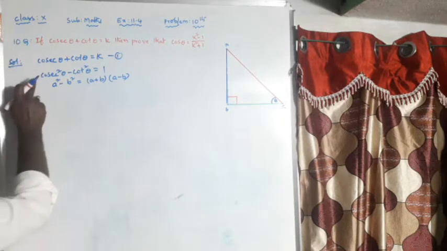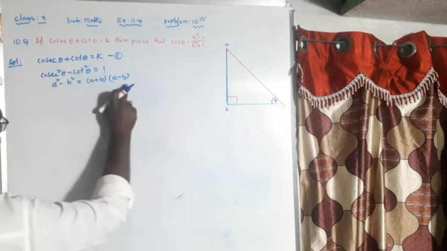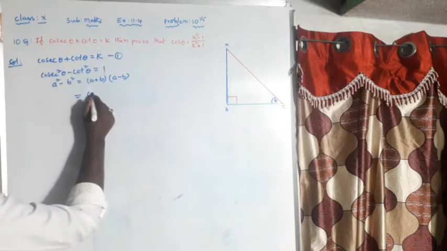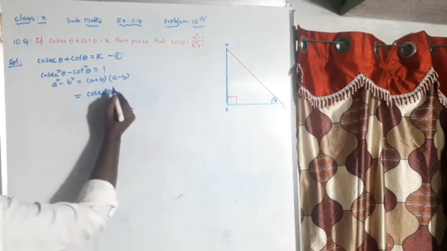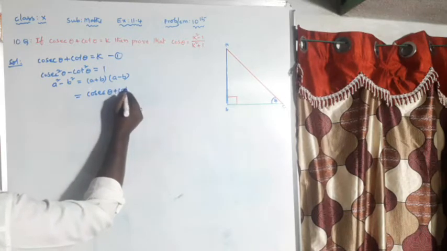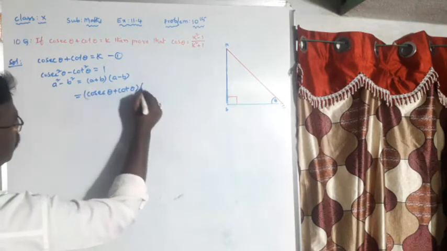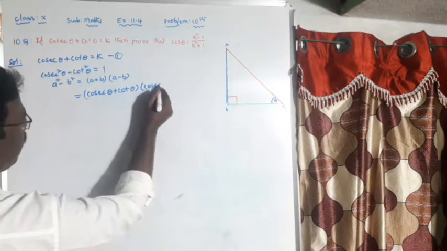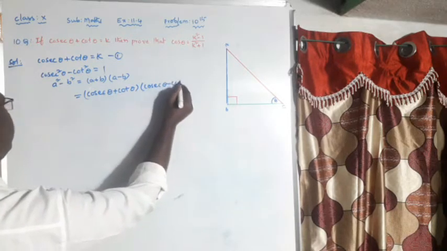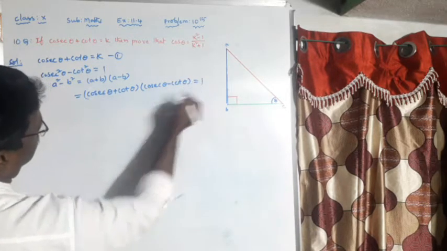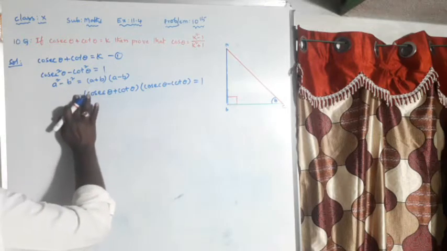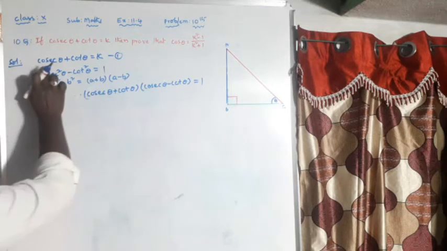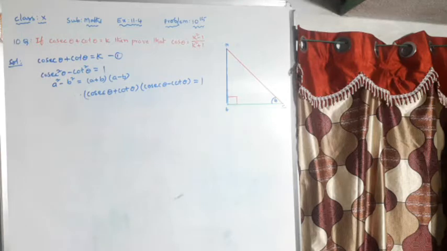Now expand this one in this formula. Cosec theta plus cot theta into cosec theta minus cot theta is equal to 1. Now here has given cosec theta plus cot theta is equal to k.